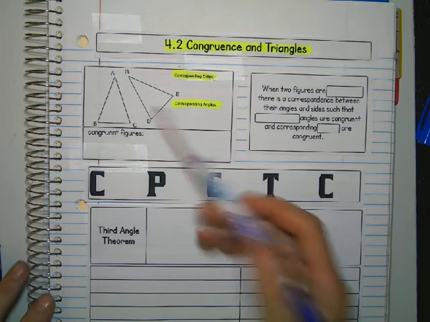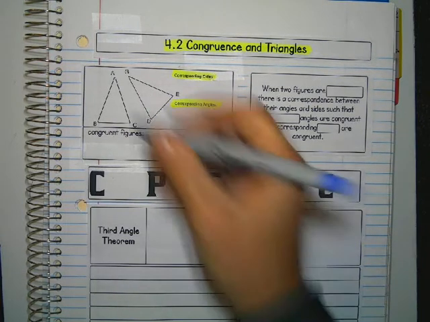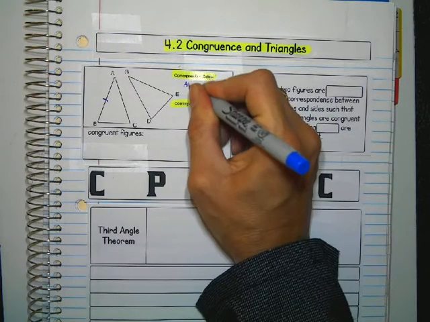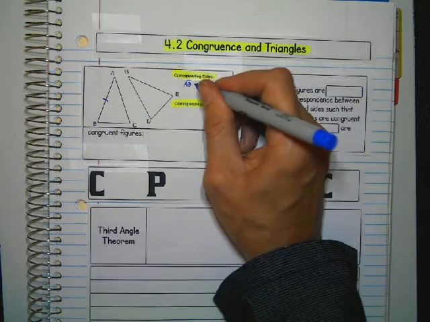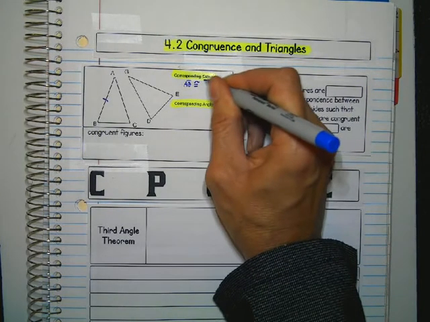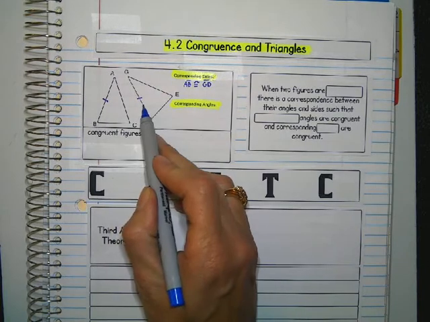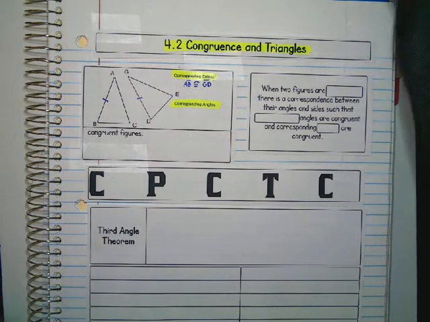Alright, so let's start out with the sides. First of all, we're going to say that side AB, line segment AB, is congruent to line segment GD. We'll put one little mark on each of those to show that they're congruent. I'm going to zoom in on that just a little bit so you can see better what's going on.